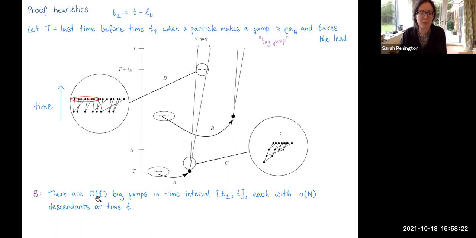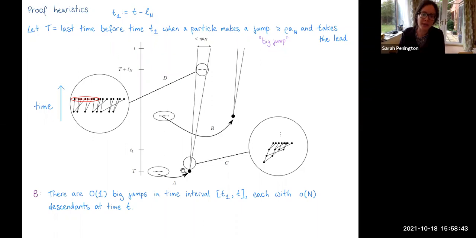And because there are only order of 1 of these big jumps, and each of them has little o of n descendants, then in total they'll only have little o of n descendants. So it's only going to be a small amount of the total population that will be these particles that overtook this tribe descended from this particle.